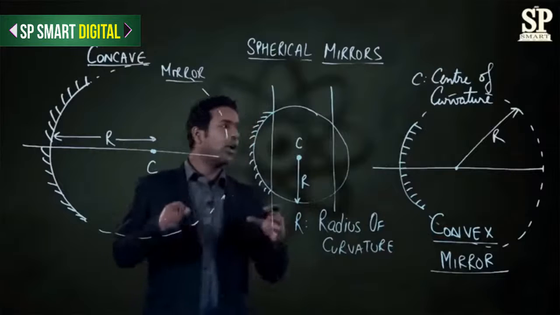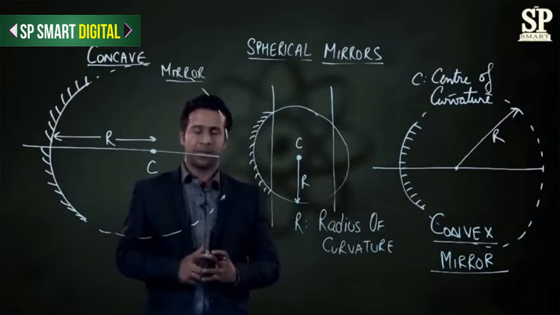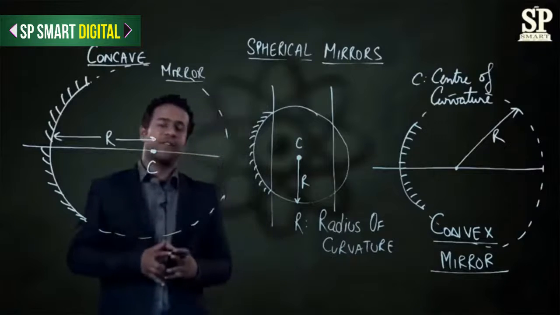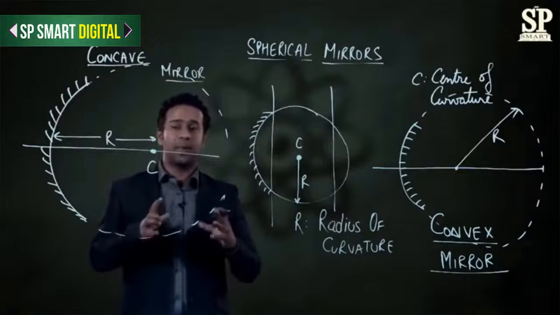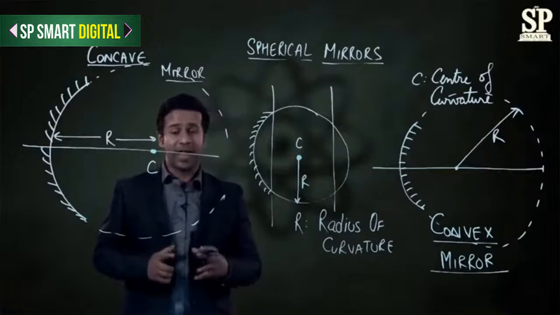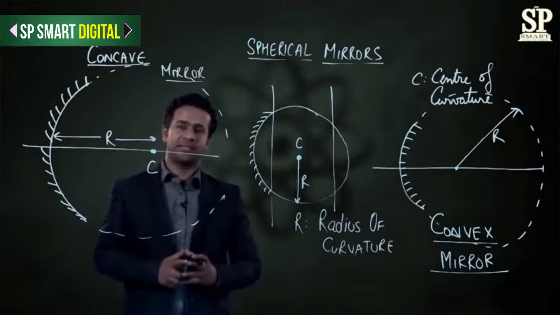Now, we will look at how light reflects on these surfaces. Before we discuss that, let me mention that the laws of reflection that we had discussed for a plane mirror hold for spherical mirrors as well. In fact, those laws of reflection hold for every reflection.